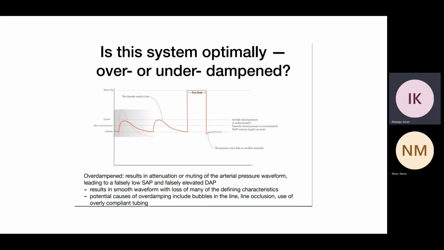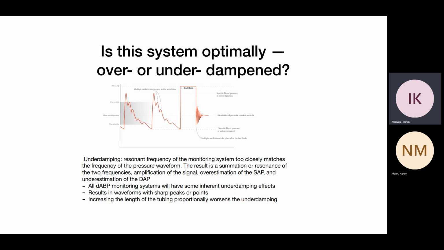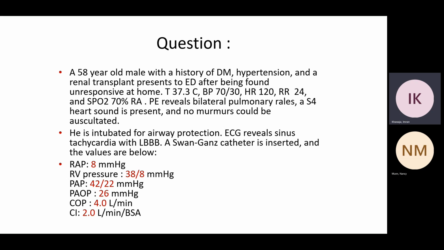That's the rounded appearance of the waveform. When it's underdamped, which has to do with lengthy tubing, or tubing that is not stiff, because it has to be stiff, you can see overestimation of systolic and underestimation of diastolic with multiple oscillations, but your mean will be normal.